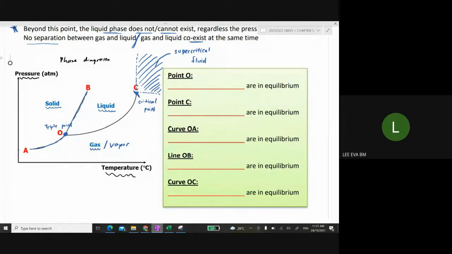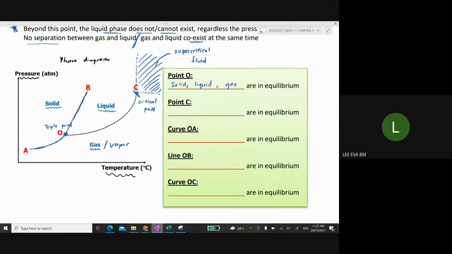Solid, liquid, and gas. Okay, so you fill in the blanks over here. At point O, you can find your solid, your liquid, and your gas or vapor phase in equilibrium. The words 'in equilibrium' mean all three phases coexist or exist simultaneously.